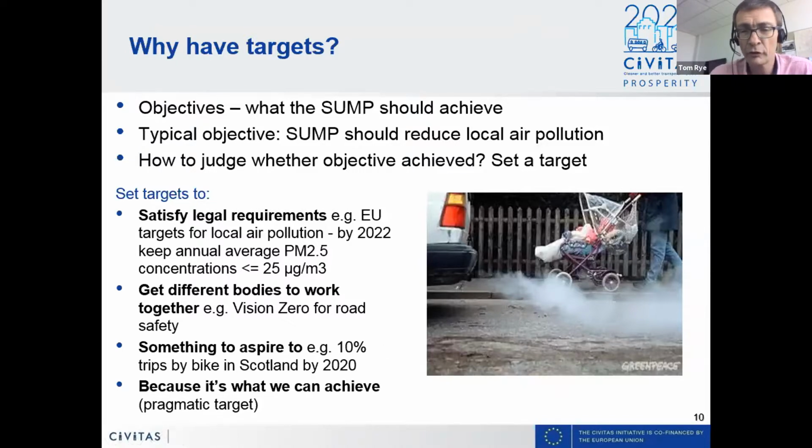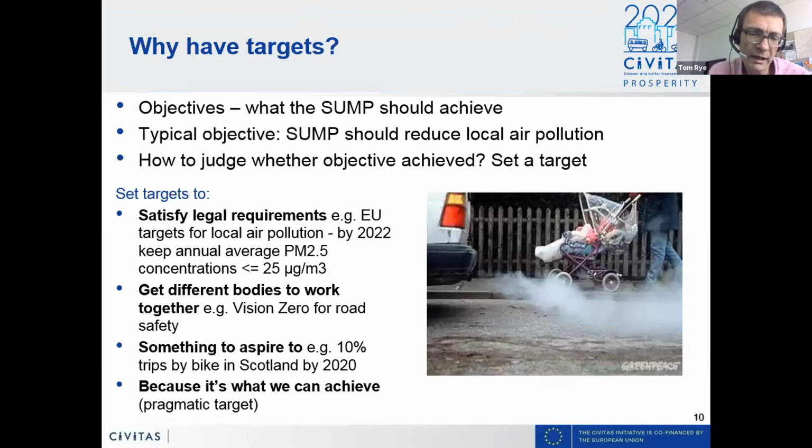So it's pretty problematic if you have targets that you can't measure, which is why, if you remember back in the previous slide, I said not all objectives may have targets. And for example, if your SUMP has an objective to improve the quality of life in a city, it may be very difficult to come up with some adequate measure of, well, what's the quality of life now and how much do we want to improve it?